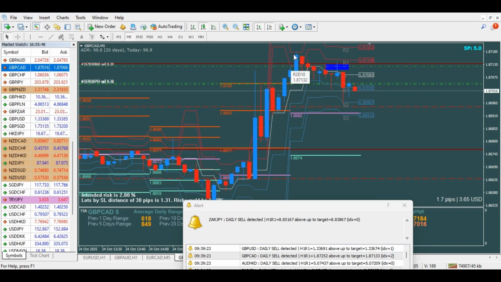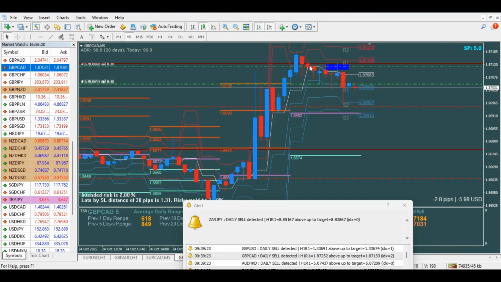And we want price to exhaust and hit the M15R1 and the M15R2. It has to hit the R2.